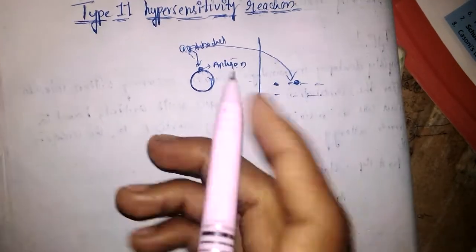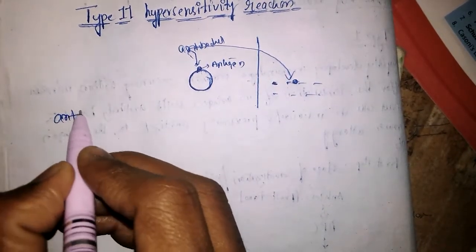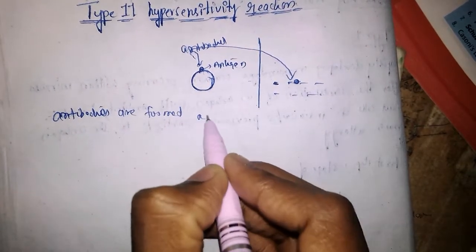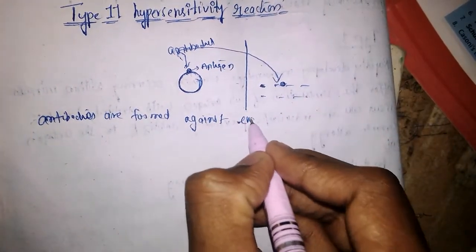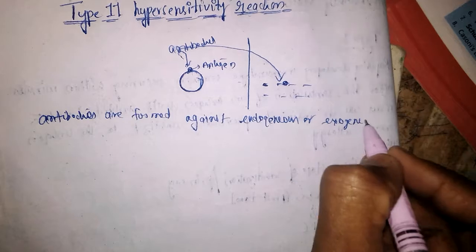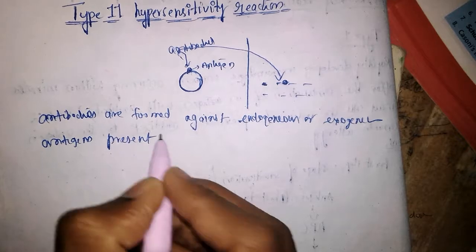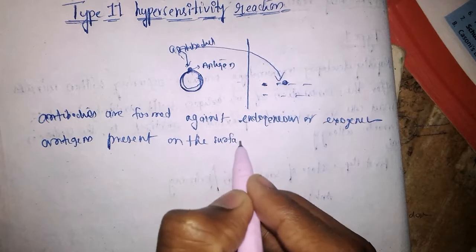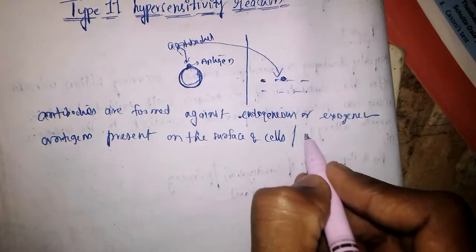Okay, the definition is: this reaction takes place when antibodies are formed against endogenous or exogenous antigens present on the surface of cells or in the extracellular matrix.